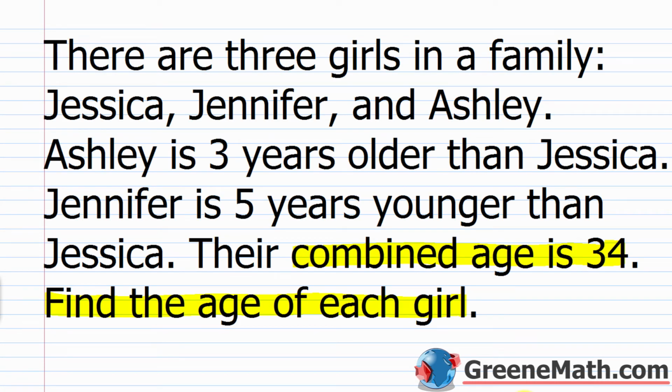When you read through your problem, if you have one of the individuals that is involved in both comparisons, so in this case you have Ashley is 3 years older than Jessica, and then Jennifer is 5 years younger than Jessica. So Jessica is involved in the comparison with Ashley and also with Jennifer. So I'm going to go ahead and let X equal Jessica's age.